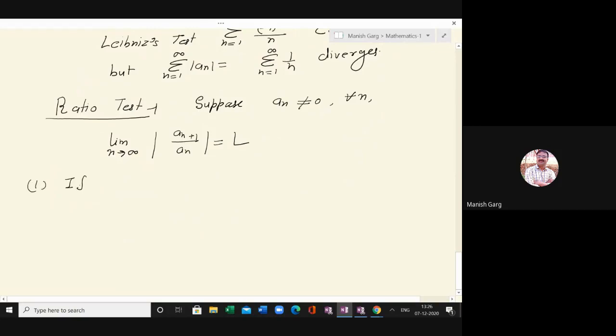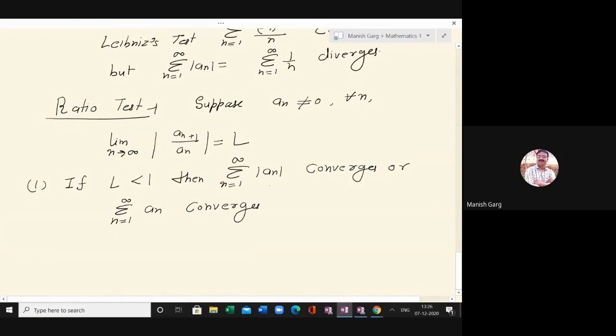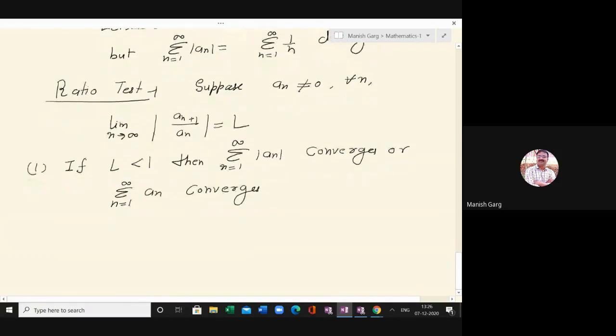It says if the limit of this expression comes out to be less than 1, then your series, the sum from n equals 1 to infinity of mod an, converges. In some books it is written mod an, or we know that if mod an converges then an also converges. You can write the sum from n equals 1 to infinity of an converges. So in some books it is written mod an, and in some books it is directly written an.